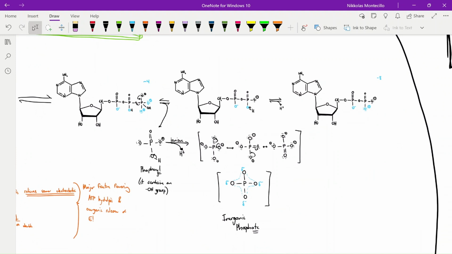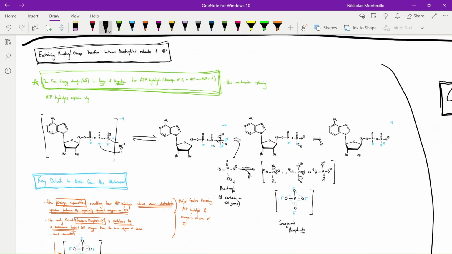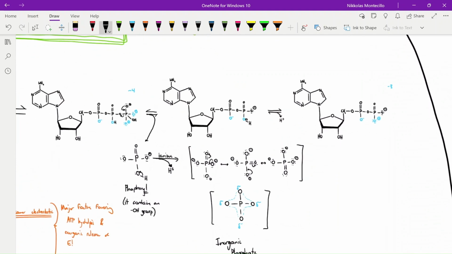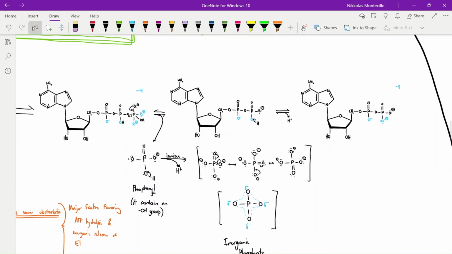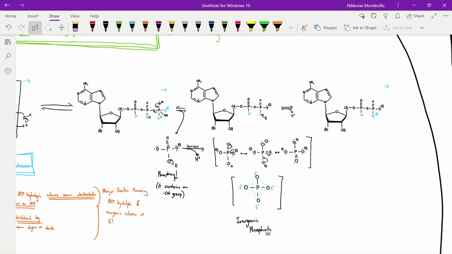So just to clarify, there's a great amount of potential energy associated with this entire reaction, because the inorganic phosphate formed tends to exhibit a great number of resonance forms, or 3 resonance forms, which is greater than the resonance forms associated with ATP. And ATP is considered to be what we call a high energy intermediate, which we'll cover later. But for now, just understand that this inorganic phosphate is relatively chemically stable.